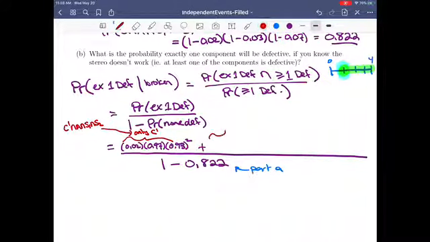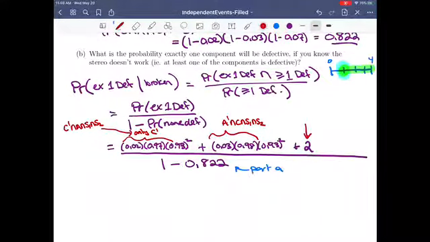Now, it could be that it's the amp that's broken. So it's A complement intersect C, intersect S1, intersect S2. Here, A is 0.03, the C working is 0.98, and the speakers working are 0.93 squared. Or it could be one of the speakers. These have the same probability, so I'm just going to multiply by 2 because I'm running out of room.